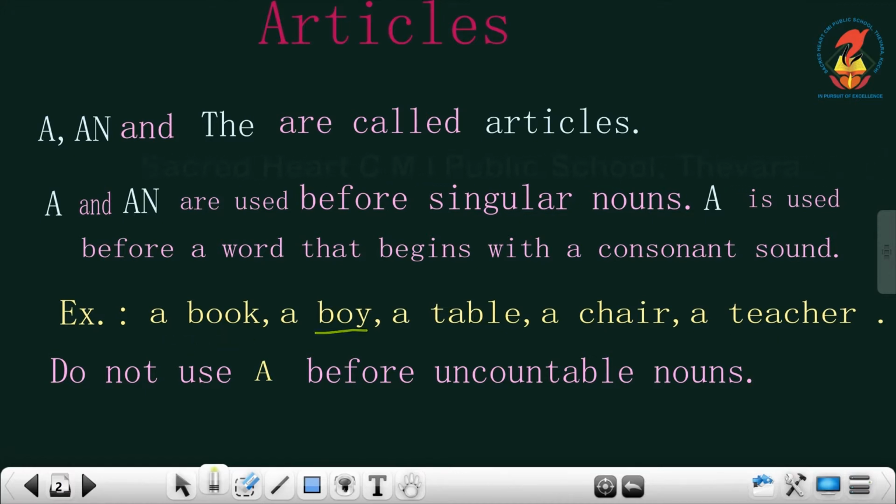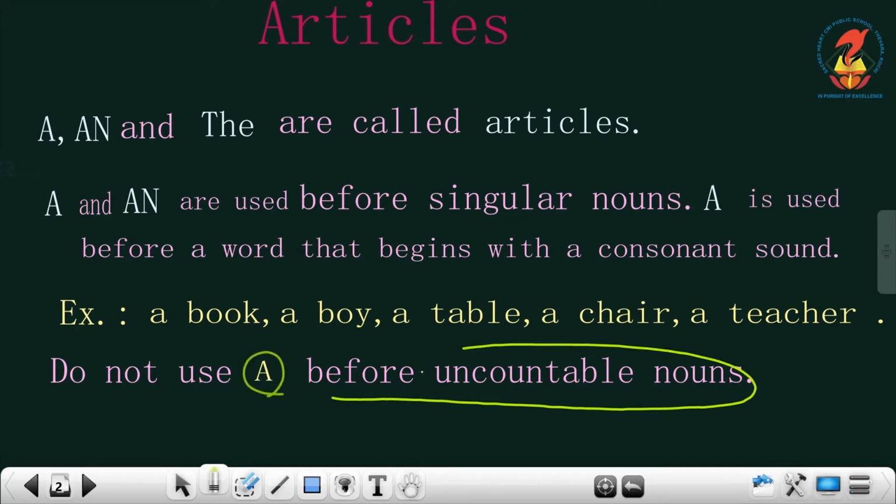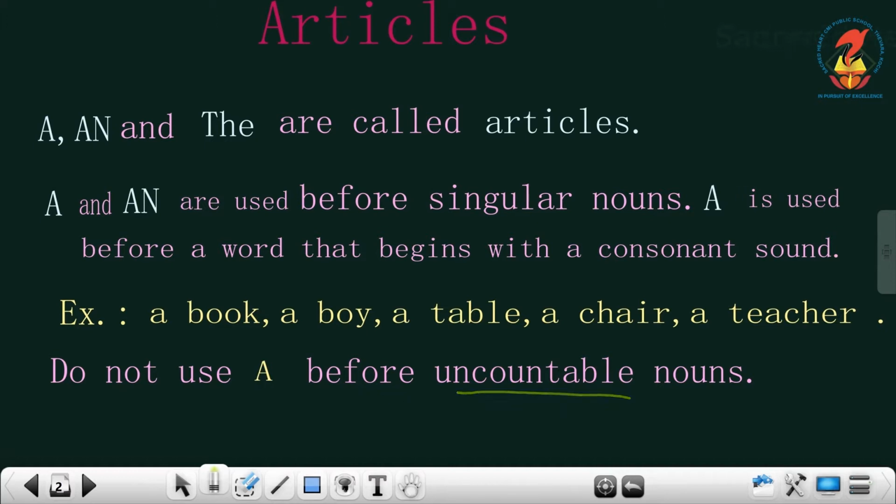And it is in singular form, so we can use article A in front of these singular nouns. Do not use A before uncountable nouns, that is, nouns which are not able to be counted.